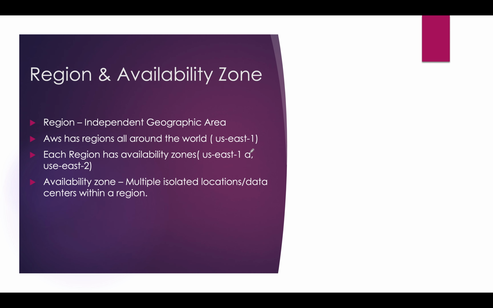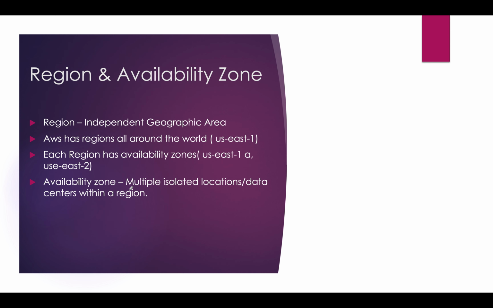An availability zone is nothing but a physical data center inside a region. These availability zones are also isolated from each other. If any one data center is down, it will use some other data center within the region.